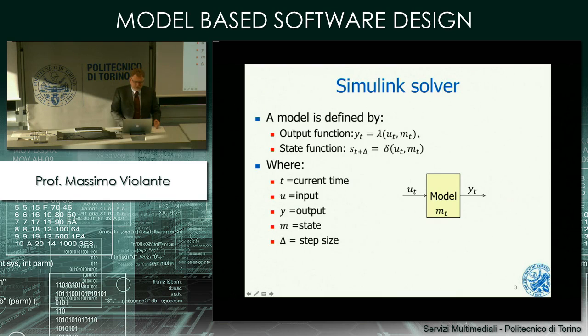Then, besides this, we have the state function, that is the function that we call delta, that is responsible for taking the current input, taking the current state, and deciding which is the next state. Let's say we have a counter, we have to increment the counter by a quantity 1 that is produced to u, and the counter value is 5.